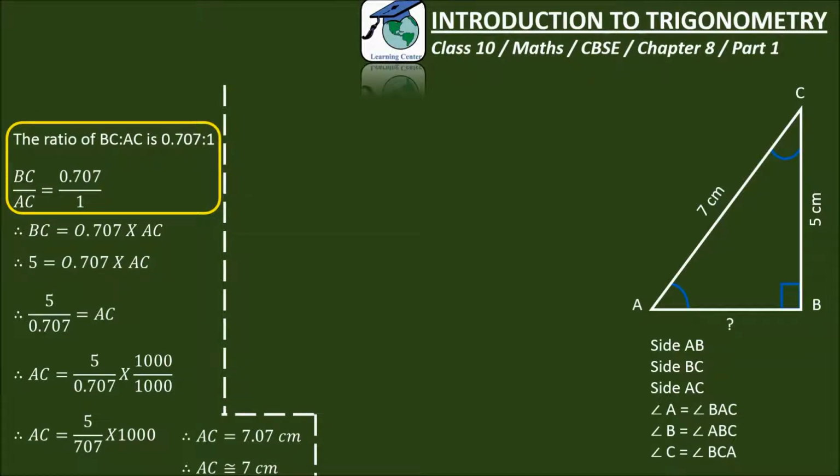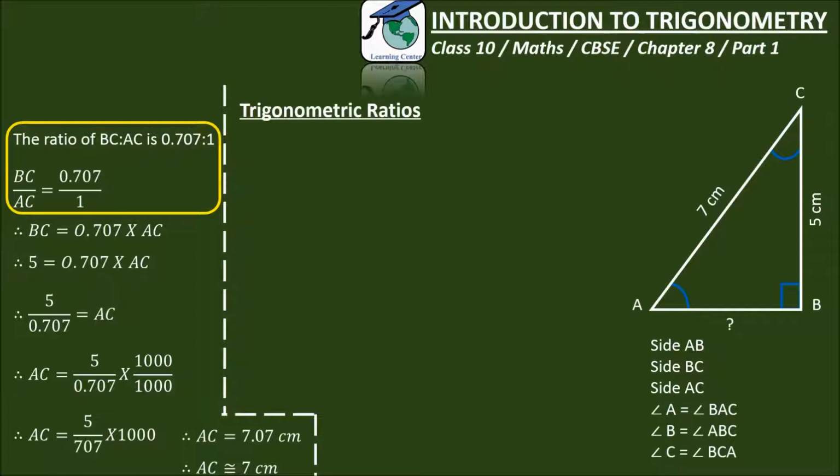What is trigonometry? Trigonometry is a branch of mathematics which helps to find the measurements of sides of triangles. In this example, I knew just one side, that is BC is equal to 5 cm, and I have found the other side AC with the help of this ratio, and this ratio is nothing but the trigonometric ratio.